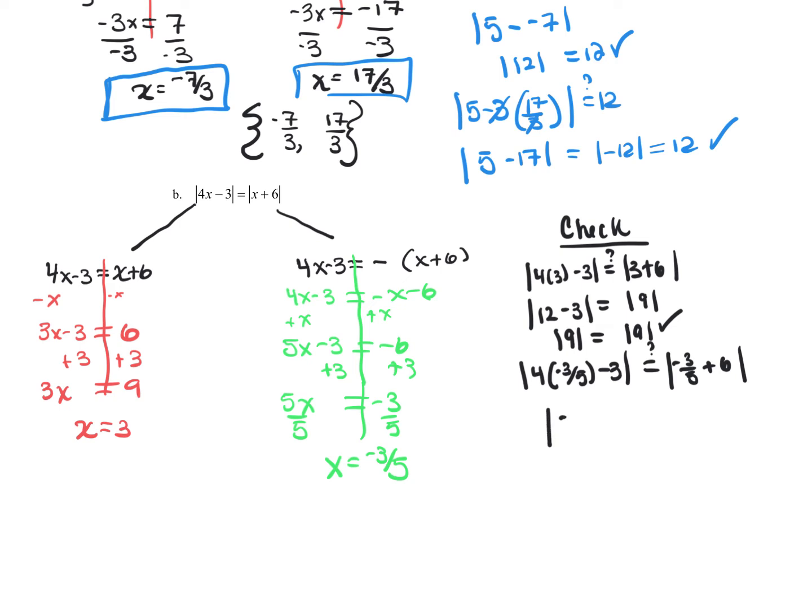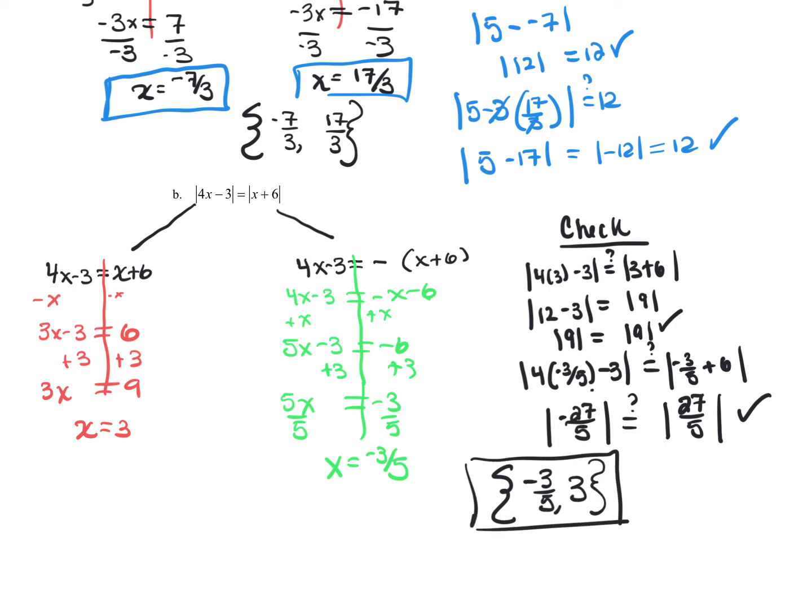You should get negative 27 over 5 equals 27 over 5. The absolute value is going to make those two things equal, so it works. So my solution set is, we always write small to big, so negative 3 over 5, comma 3. There's my solution set.